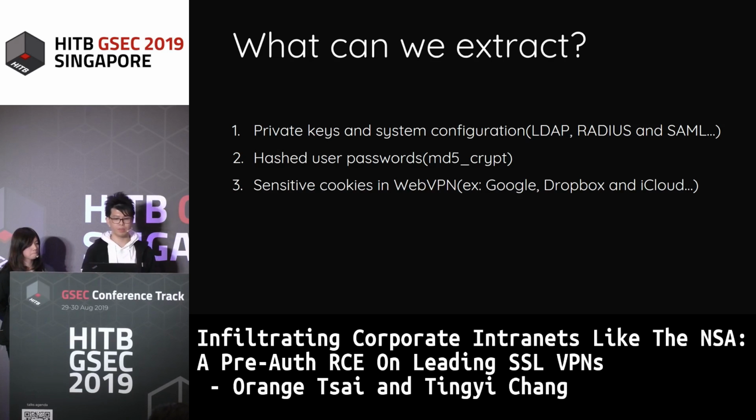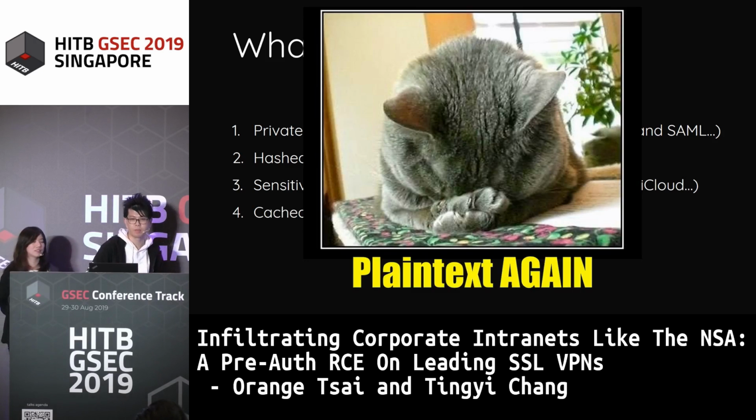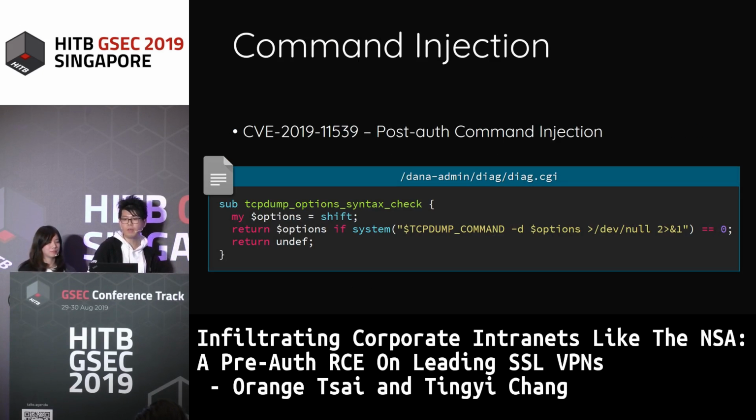And all users' password hashes and sensitive cookies which are cached in the web VPN, like Google, Dropbox, and iCloud. The last and the most important is the cached plaintext password. Yes, plaintext again. For now, we get a credential, so we are able to access the corporation network easily.